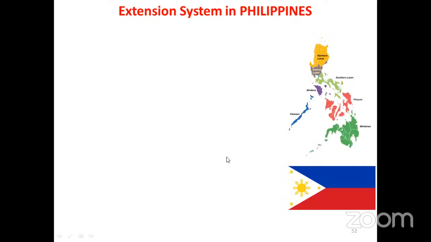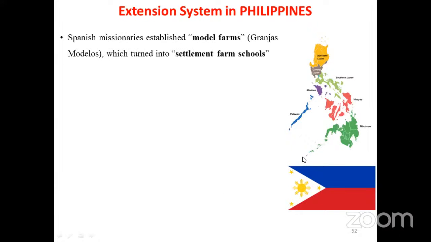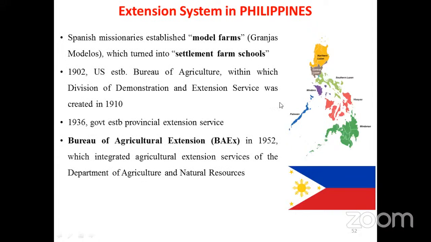Now moving on to Philippines, again an island nation in the Pacific. I don't know how to read this Granjas Modulos. Okay, let's call it model farms itself. This Spanish missionaries established. Now here important to remember is, it became in later part the settlement farm schools.